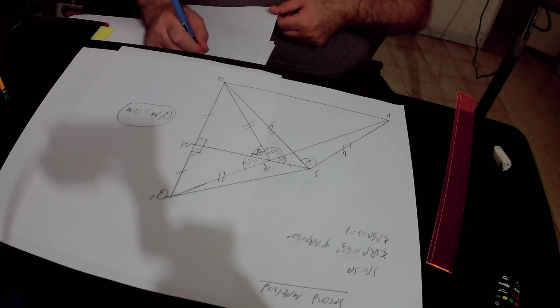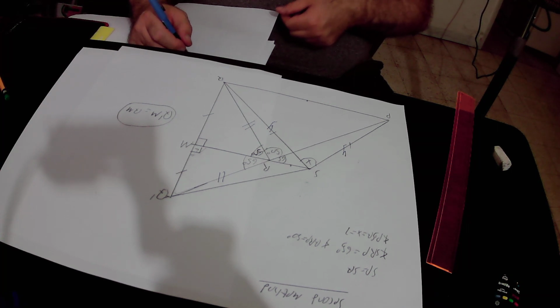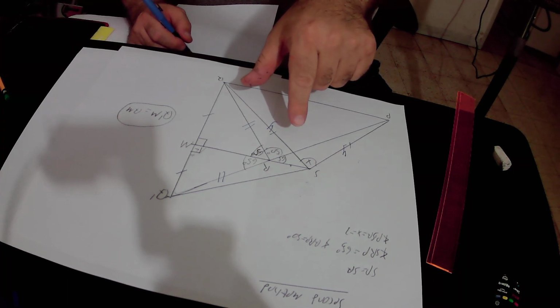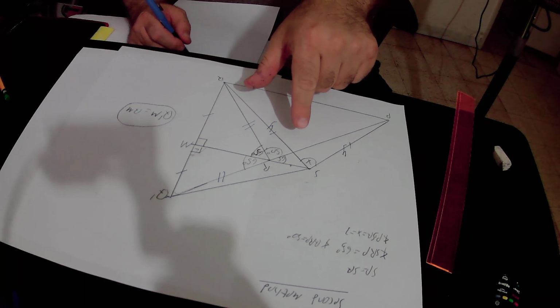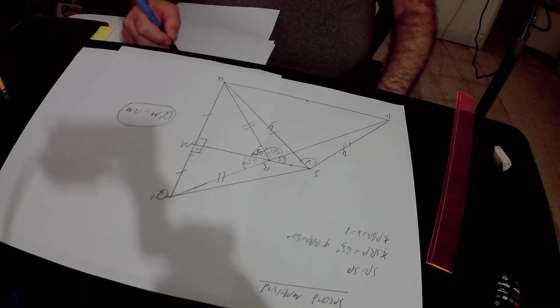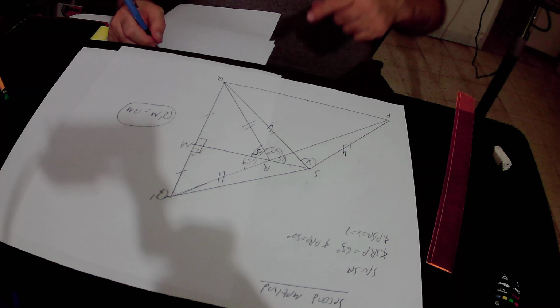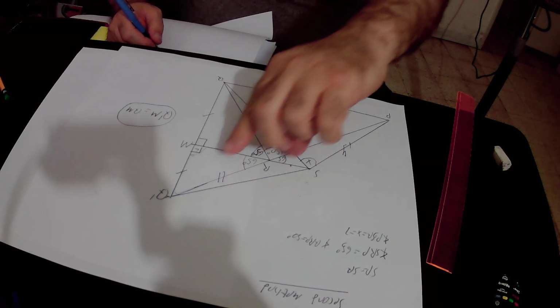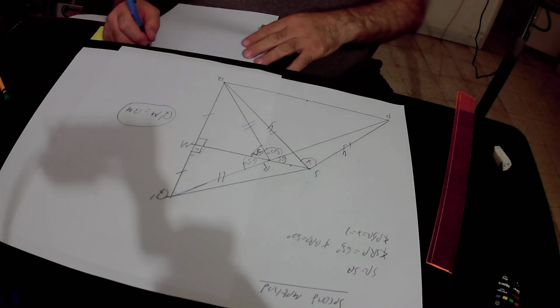The first right triangle is triangle QMS, and the other right triangle is Q'MS, this triangle, Q'MS.